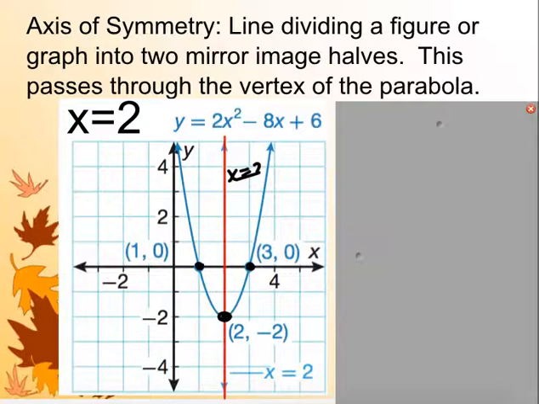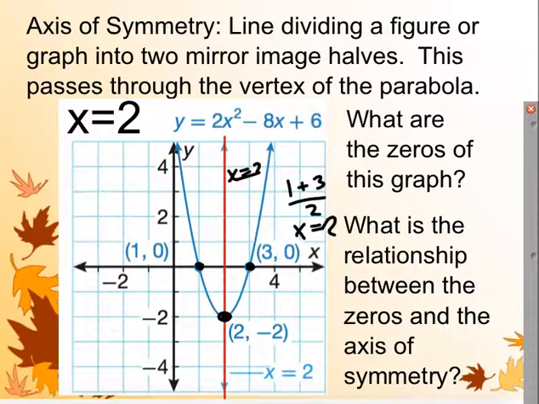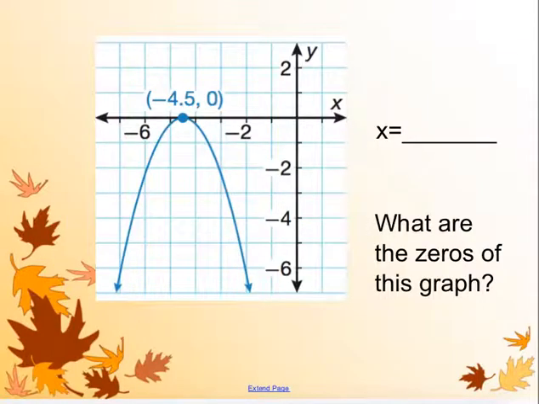We can actually average them and say, all right, the x values here, 1 plus 3, I average them and find that x equals 2. So if we know our two x-intercepts, I can just say that the axis of symmetry that goes right through the vertex is right in between them. Okay, so if we know where our two intercepts are, we can find the axis of symmetry.